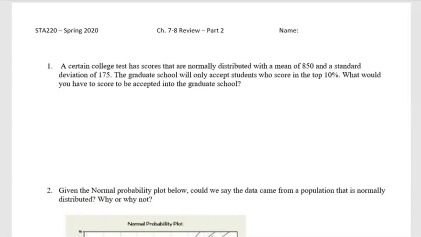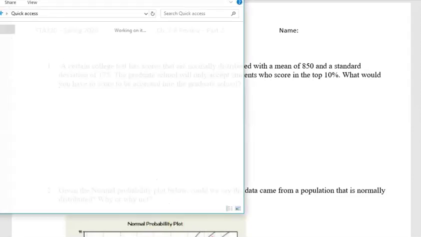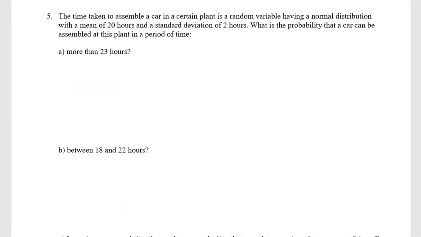Let me pull up the first part of the practice test. Okay, so yeah, this one was from the first part of the practice test, so it was number 5. And so this one would be one of our word type problems. So we have to figure out what they're asking us to find, right?